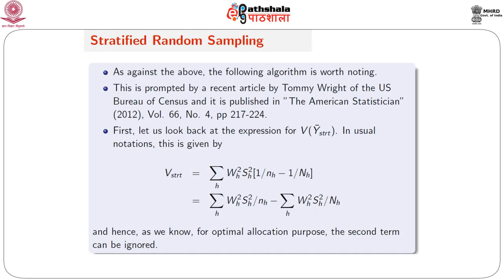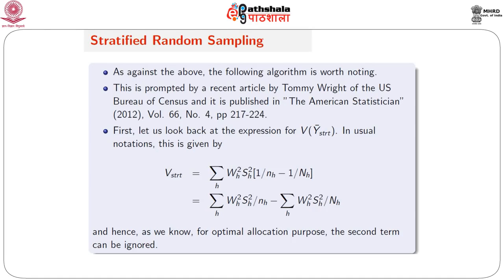So let us look back at the expression for V of Y strat, V strat, as is known. In usual notations, this is the expression for V strat for the estimate of the population mean using stratified sampling and the allocation numbers NH.